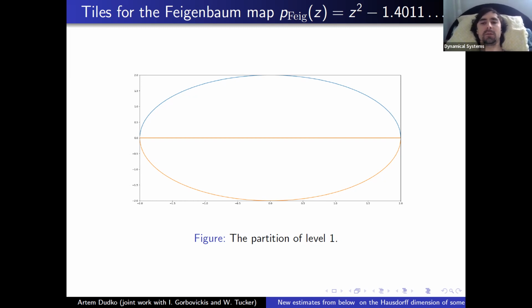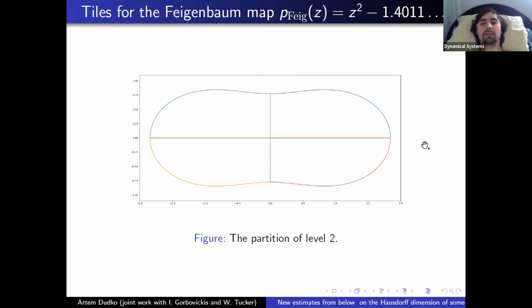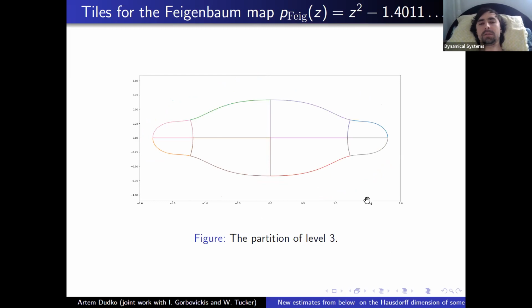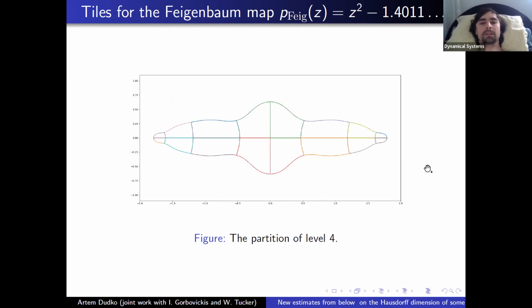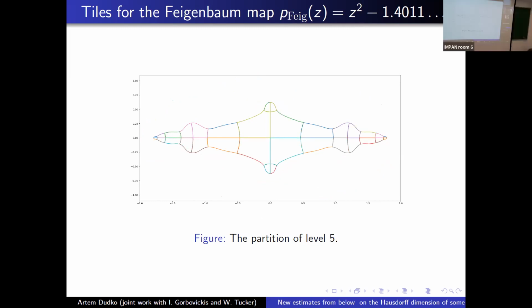So these are our 2 half disks of radius 2. We take first preimages, we get 4 pieces. Next preimages, we get 8 pieces, etc. So here is, for instance, a partition. This is okay due to the fact that this is a real polynomial.